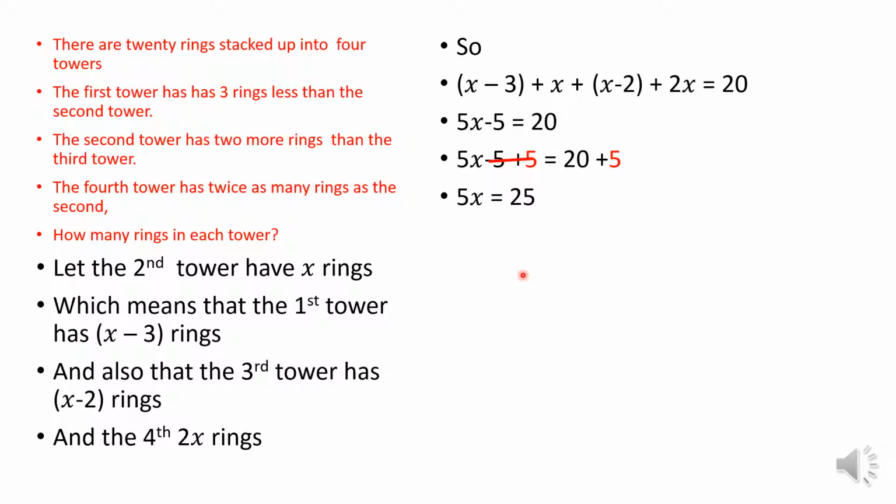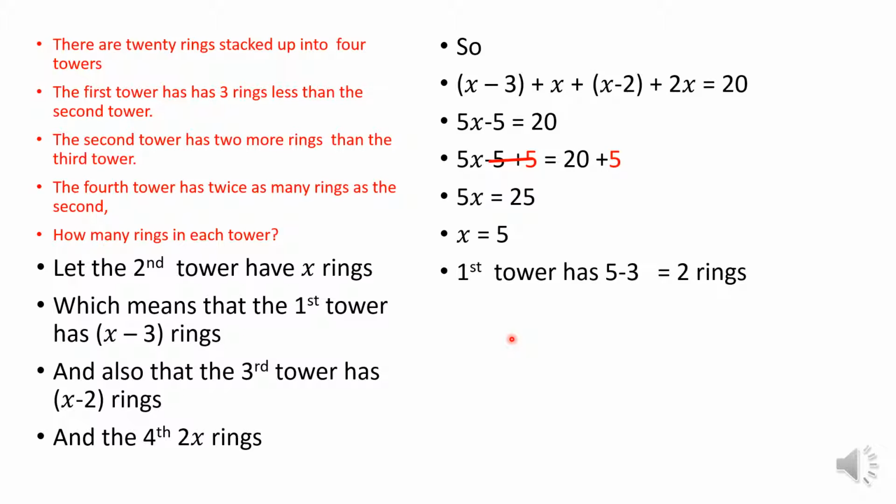So you want to multiply 5 by a number to give us 25. Or if you like, if you divide 25 by 5, that will give us the value of x. So in this case, x is 5, because 5 times 5 is 25. So the number of rings in tower 2 is 5 rings for the solution to this problem.